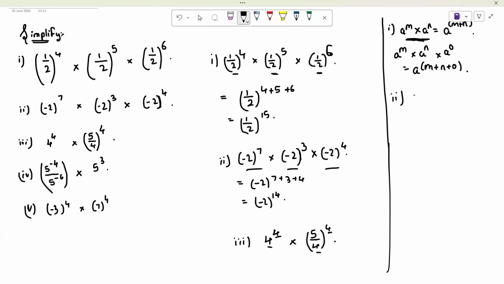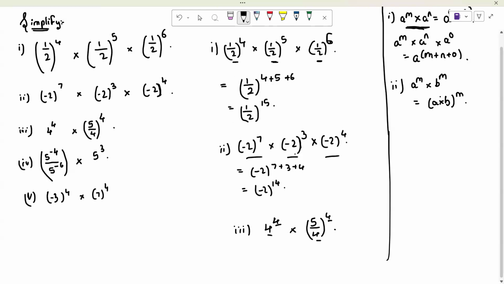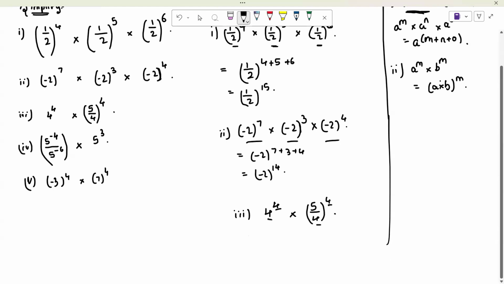A power m into b power m will give you a into b power m, which means you just have to multiply these, 4 and 5 by 4, and put the same power.